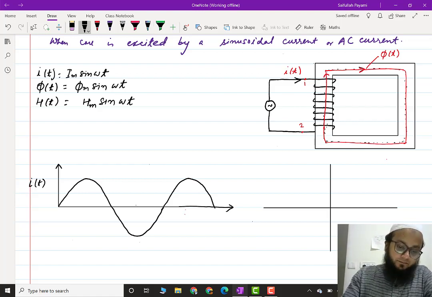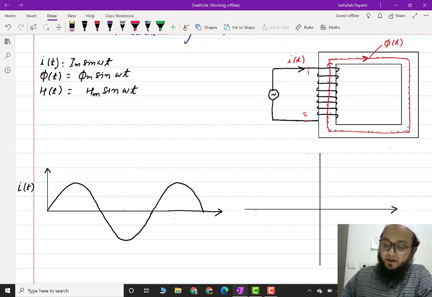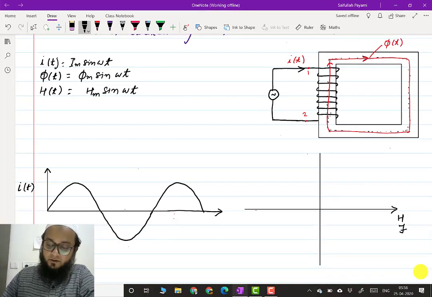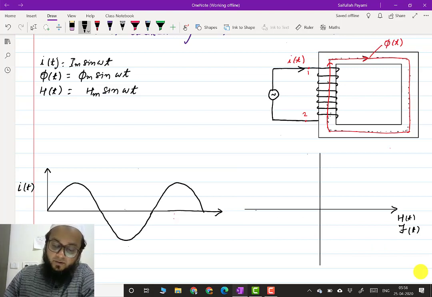On the x-axis we have H, or MMF, because MMF is directly related to the current. And on the y-axis we have B(t), or phi(t).